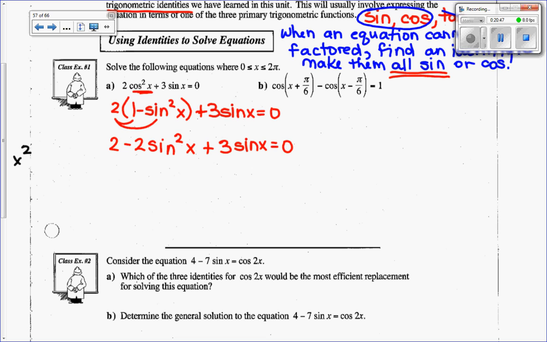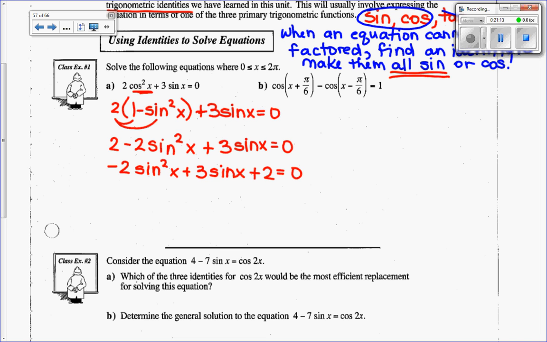x squared plus x plus 4 or whatever equals 0. I want my x squared term, then my x term, then my constant, so that it's in standard form and I'll be able to factor it. So what that means is I will have negative 2 sine squared x plus 3 sine x plus 2 would go at the end then, wouldn't it?